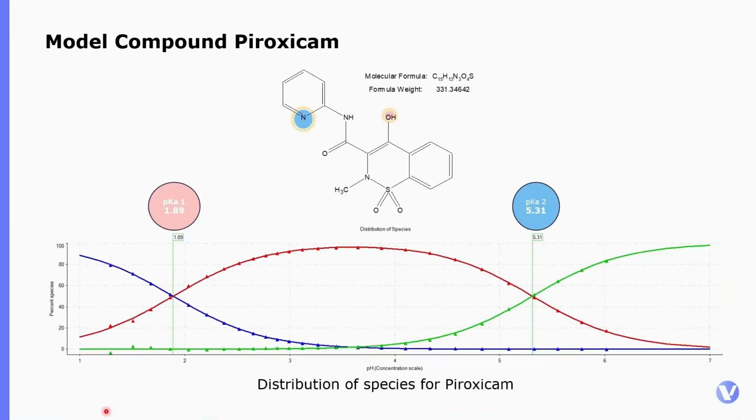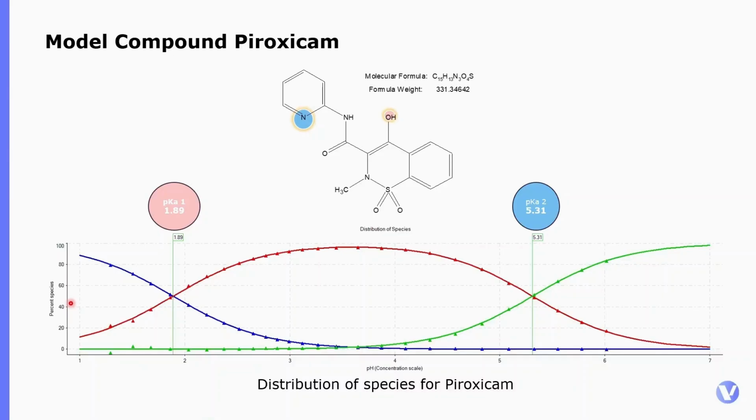Because Piroxicam has multiple ionizable centers, its behavior in solution depends strongly on the pH. In this figure, you can see the distribution of species. Up to 3 different forms of a molecule can exist in equilibrium depending on the pH. At very low pH, below 1.9, the protonated species dominates.